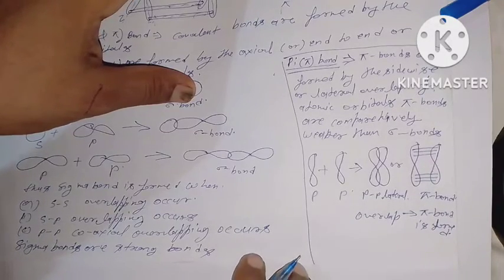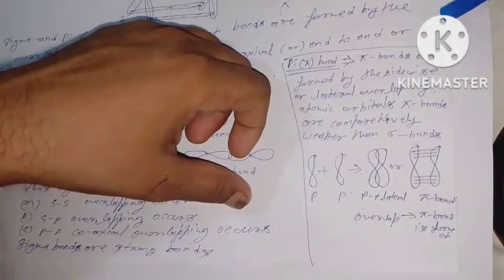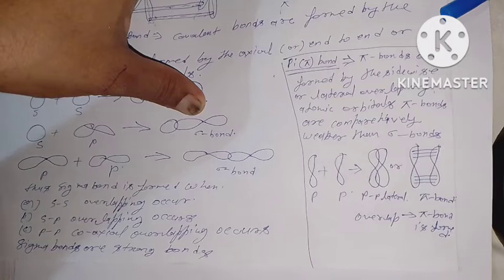A single bond has a sigma bond, a double bond contains one sigma and one pi bond, whereas a triple bond contains one sigma and two pi bonds.